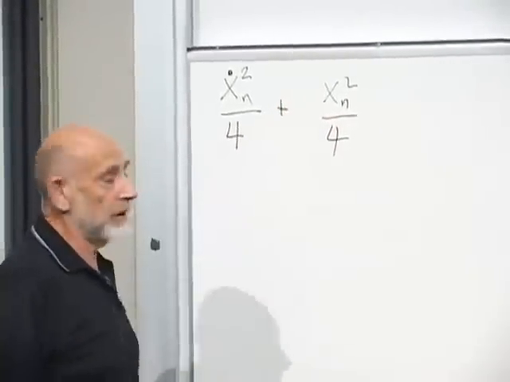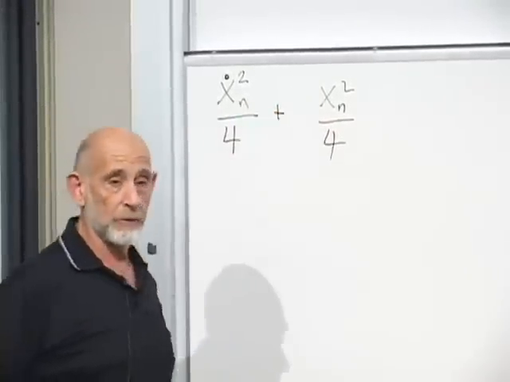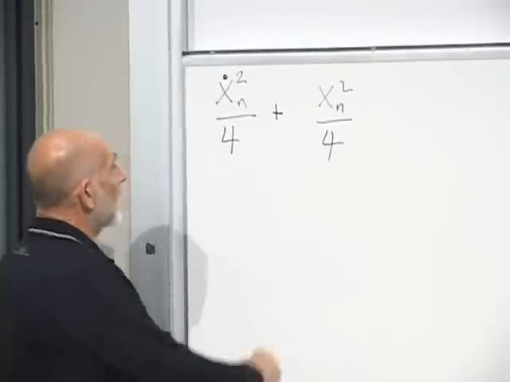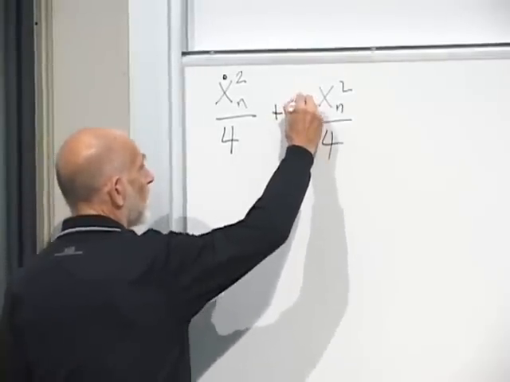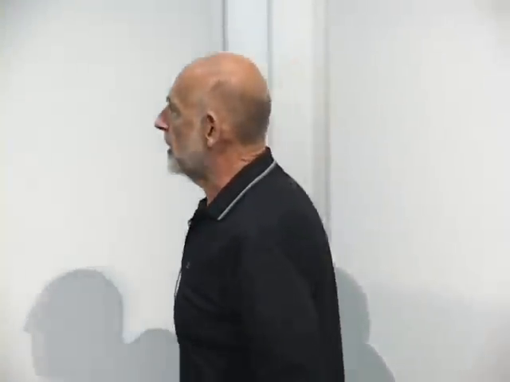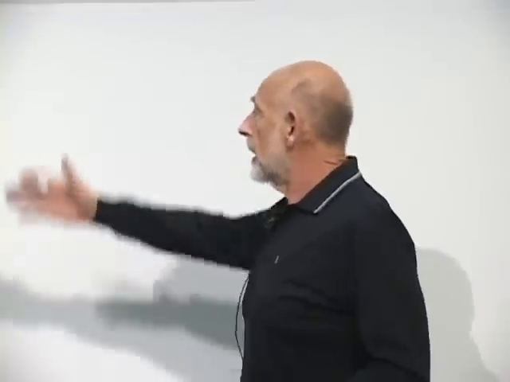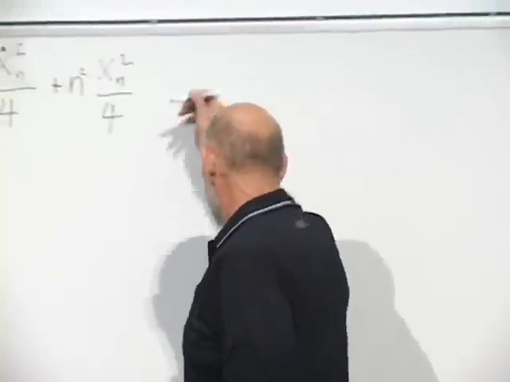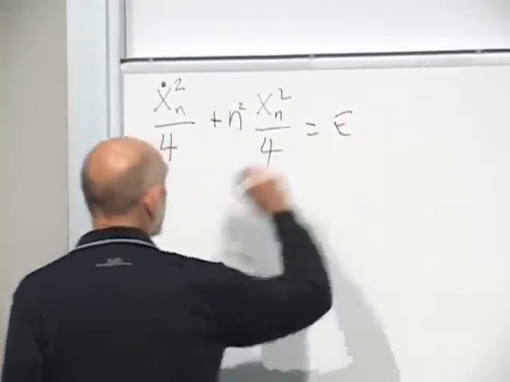And then sitting in front is the square of the frequency of the oscillator, and that was actually just n squared. That's what we got for the energy of the nth mode of oscillation. It's a harmonic oscillator, kinetic energy plus potential energy. That's the energy, call it E.